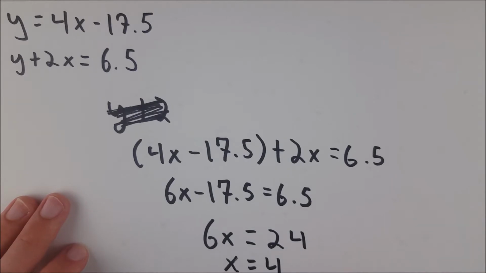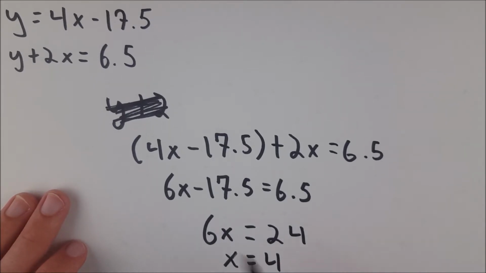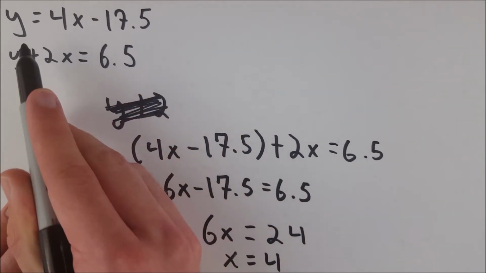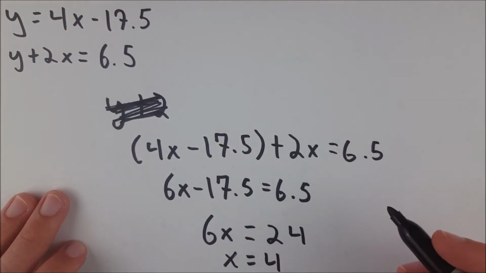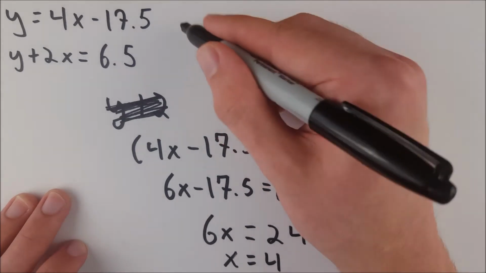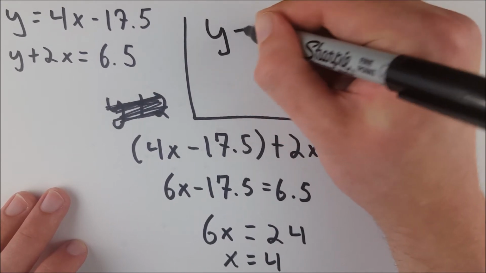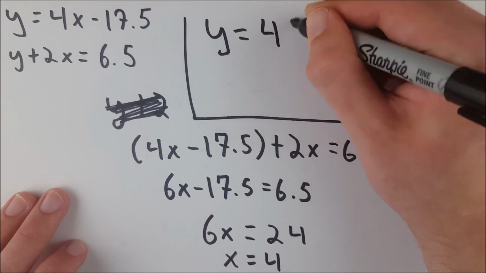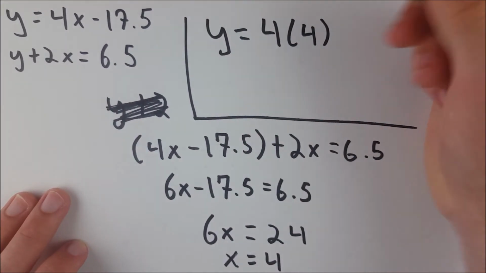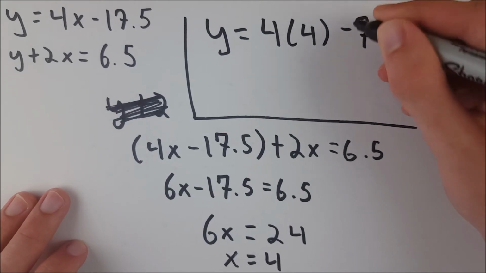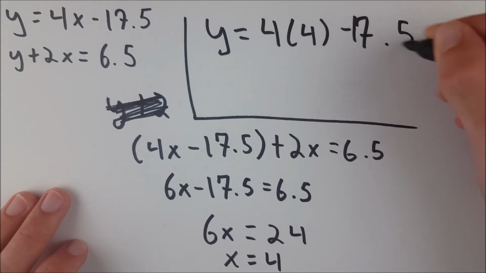So now we're on to the last couple steps. We've got x equals 4. Now we substitute it back into our original equation and then solve for y. So I'll just section this off. Now substituting this back into this equation, we have y equals 4 multiplied by 4, because x equals 4, minus 17.5.